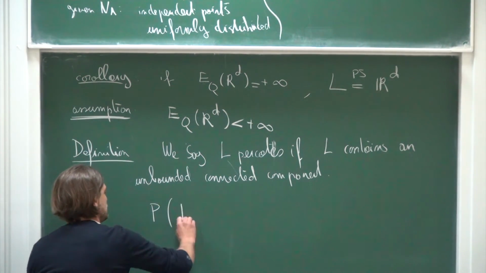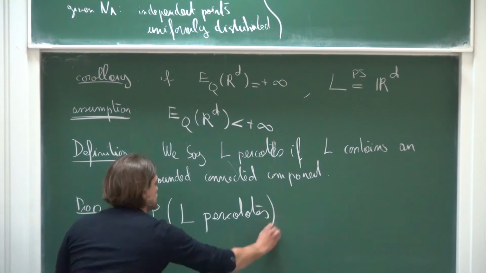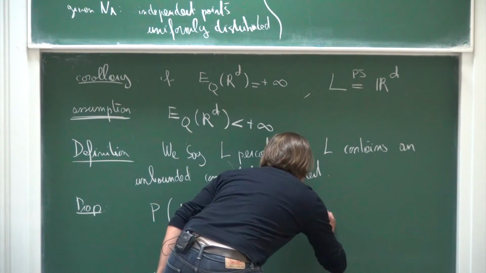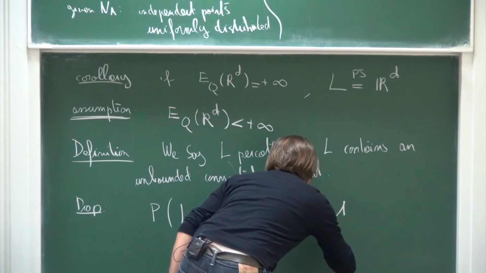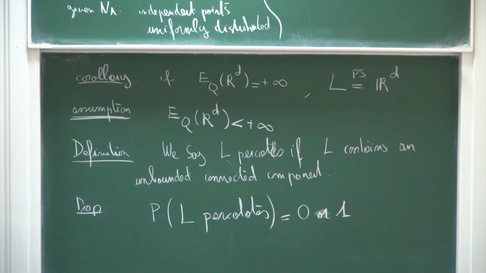The probability that L percolates is necessarily equal to 0 or 1. There are two ways to see that.